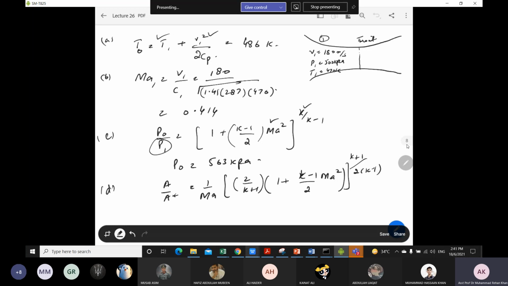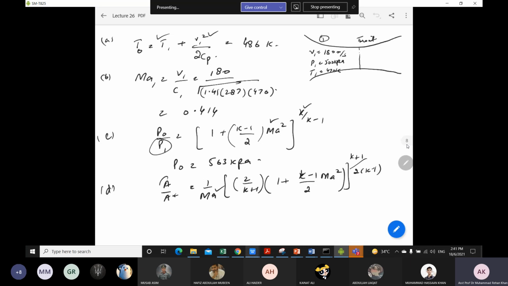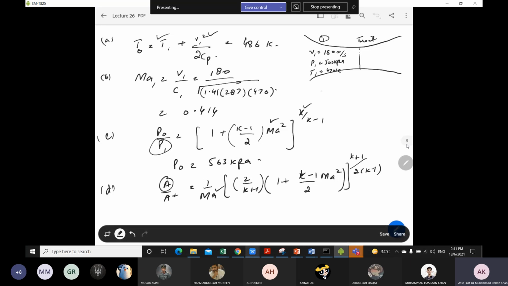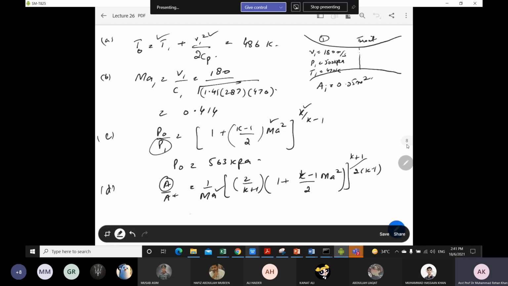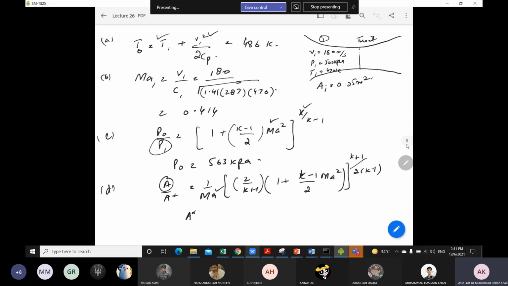Simply plug in the value of the Mach number, because that is known to you, and the K value. The area at 1 is given in the problem statement as 0.05 meter square. From this relation you can easily find the A star value, which is 0.0323 meters square. So this is the A star.